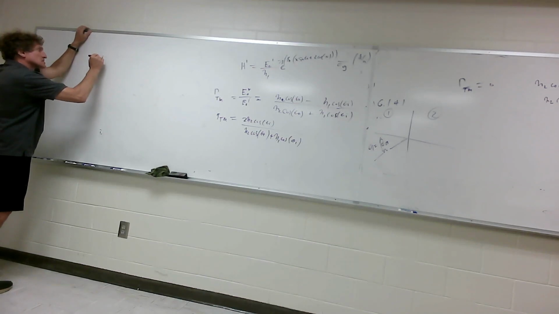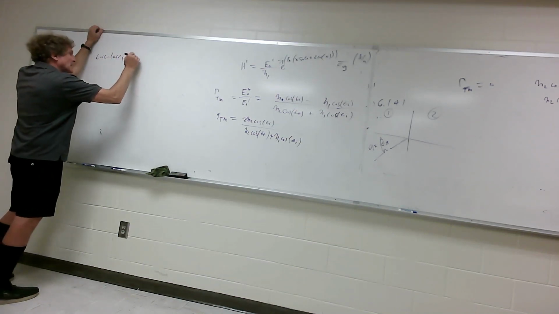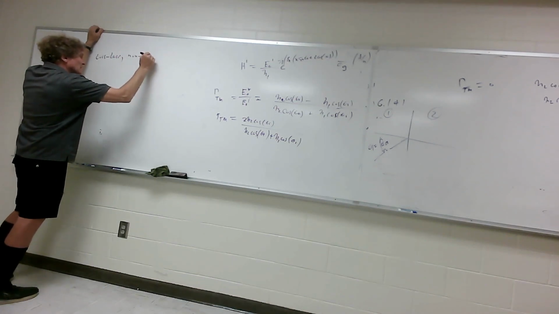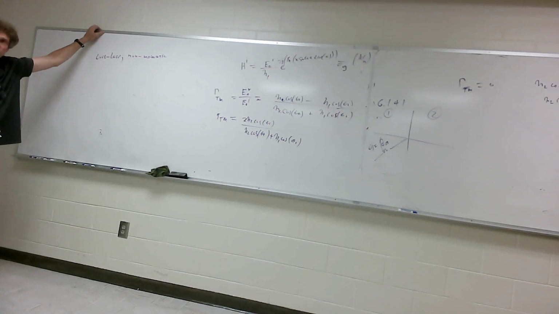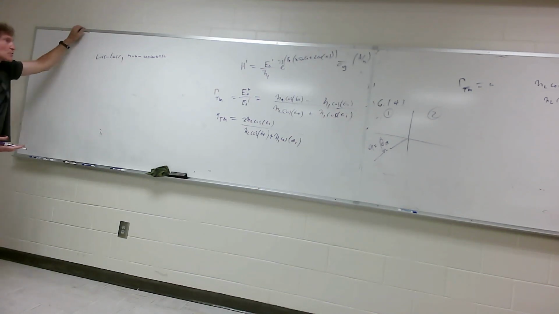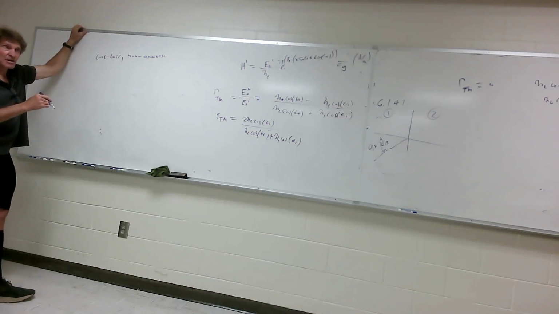I'm going to assume lossless regions, and I'm going to assume non-magnetic. Because this is the big deal. Most of the time when you're doing these kinds of problems, they're really optics related. It is true at lower frequencies this works, but we don't worry about magnetic materials and we don't worry about lossy materials when we do this. Otherwise it's a completely different game, especially when it's lossy.